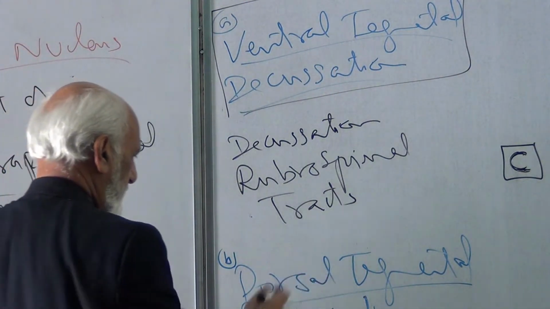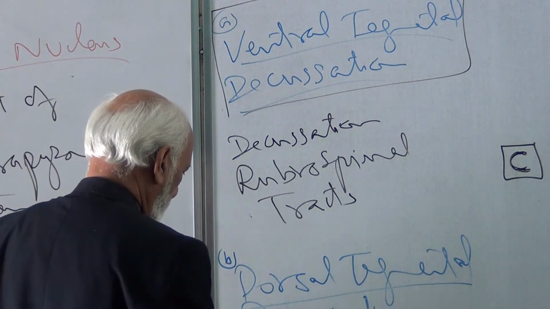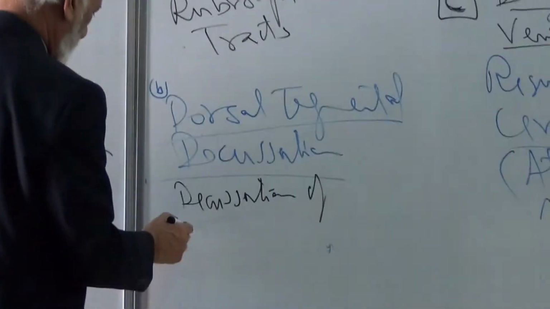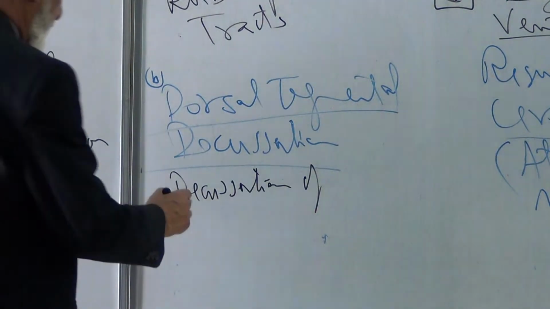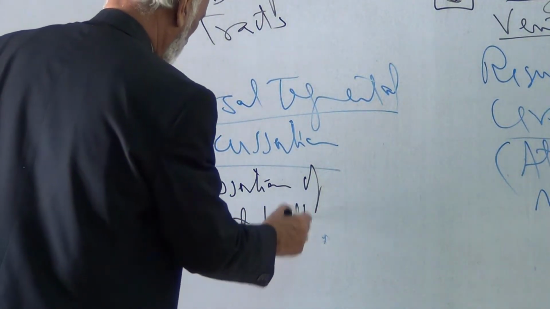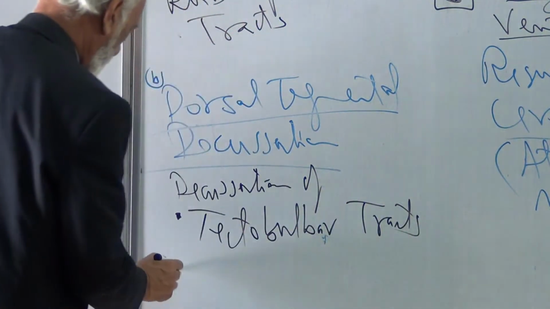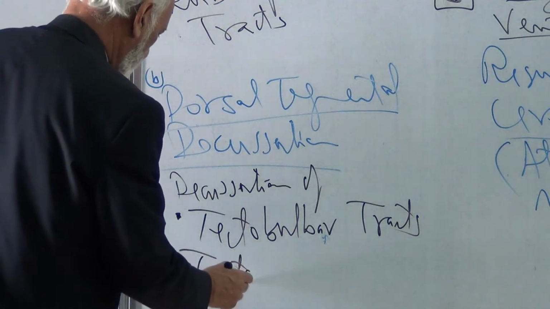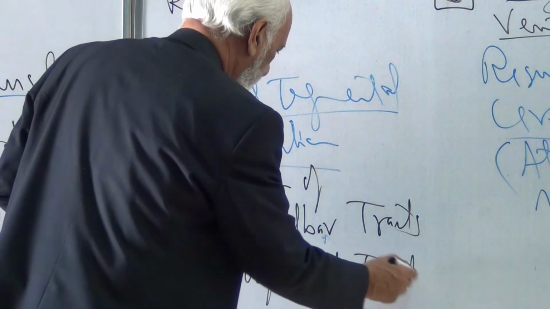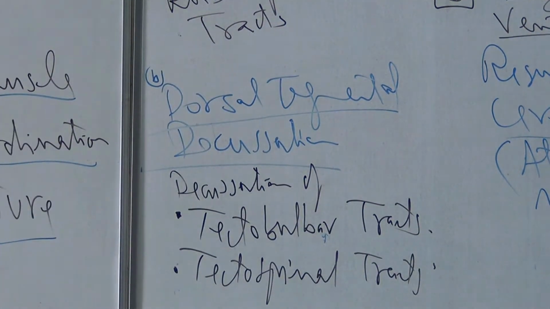And in the dorsal tegmental decussation, there is decussation of tectobulbar tracts and tectospinal tracts. These tracts we already discussed in the visual reflex pathway and auditory reflex pathway.